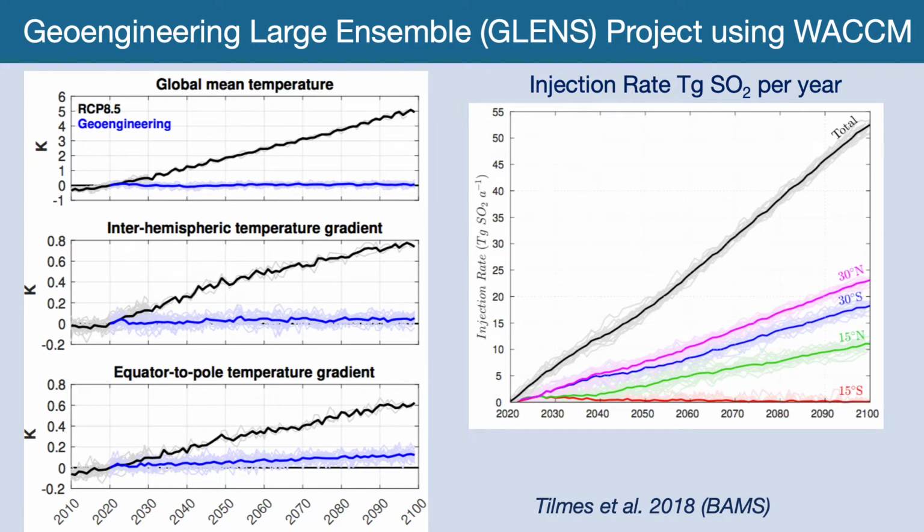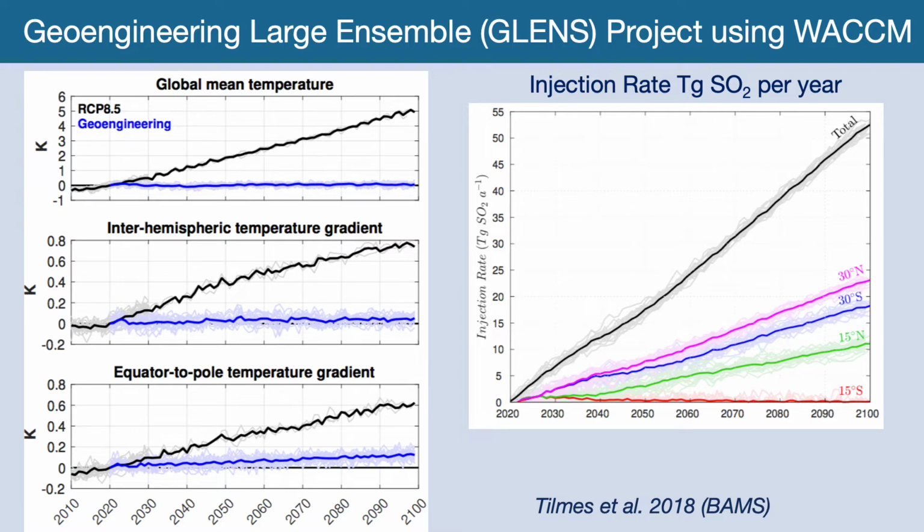In blue, we can see that the stratospheric aerosol intervention approach was able to keep these temperatures at about 2020 conditions. On the right, we see the increasing sulfur injections in teragrams of SO2 per year, in black for the total injection amount and in colors for the different injection locations.